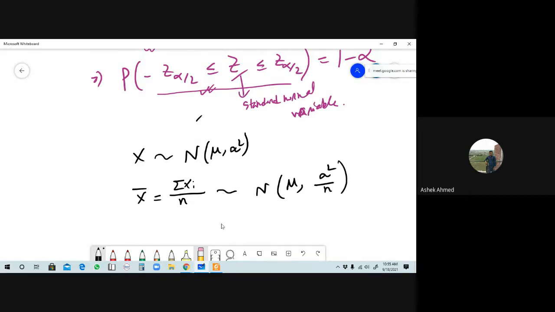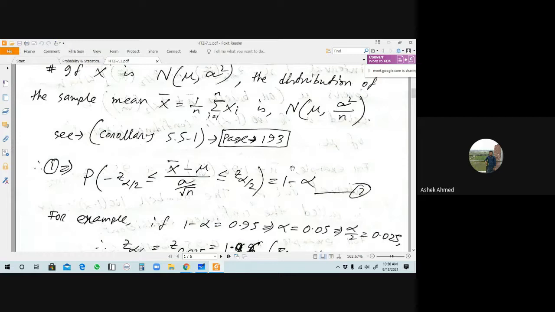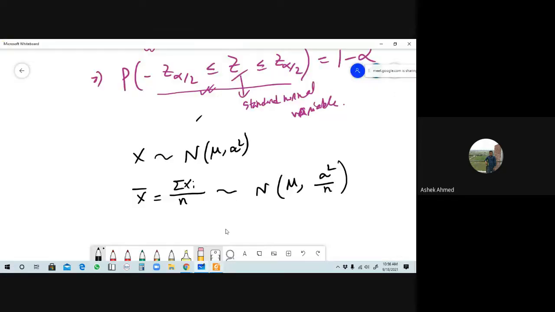You can see this in corollary 5.51, page number 193 of this textbook.